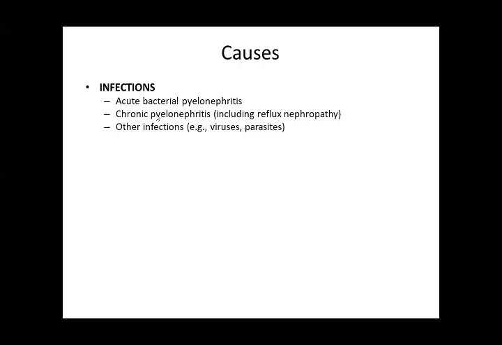Infections. Right, so interstitial nephritis or pyelonephritis would be because of acute bacterial pyelonephritis. The infections can come from down there, from the collecting system. Chronic pyelonephritis, acute or chronic, they can both cause interstitial and tubular infections.